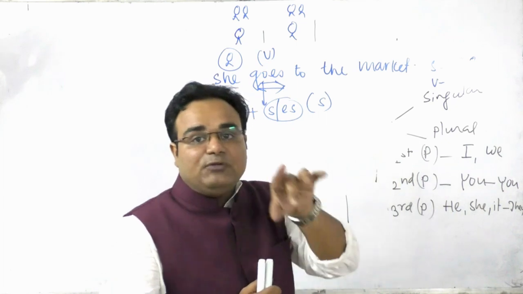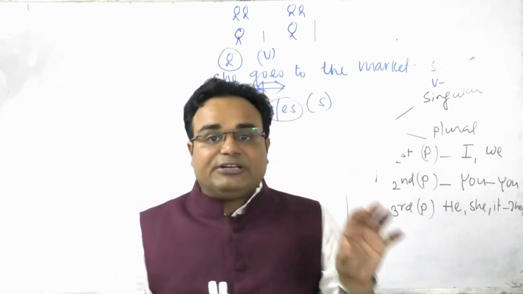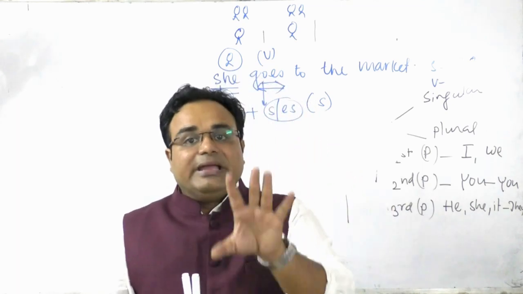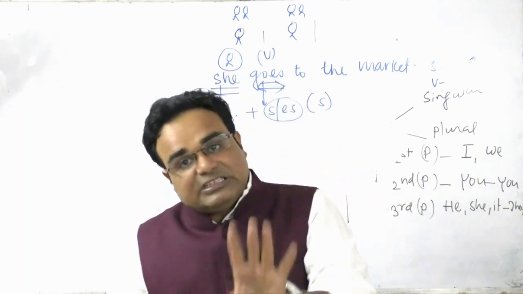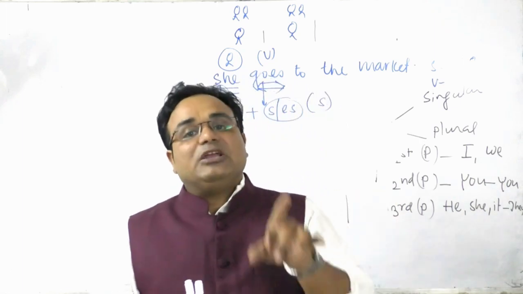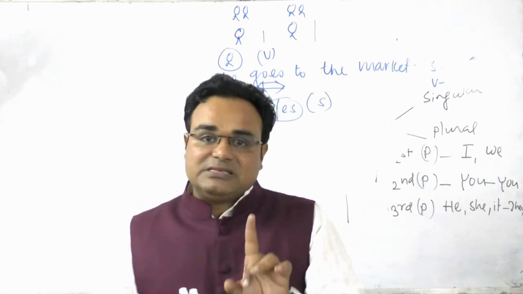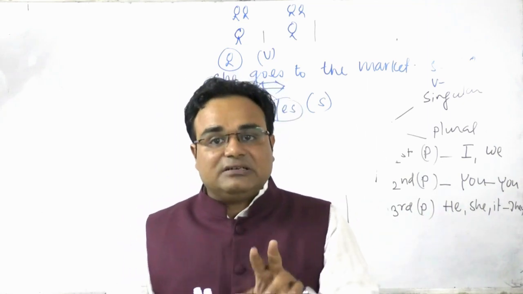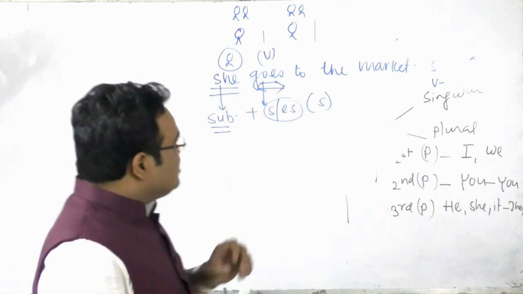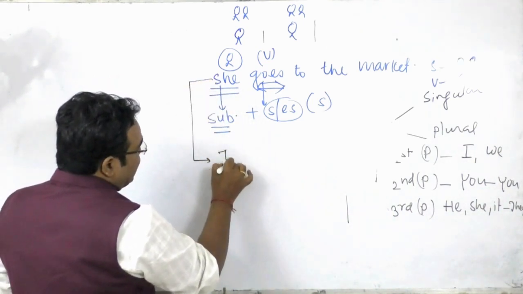Means what? If you add s or es, please note it down or keep it in your mind. If you add s or es to the subject, it becomes plural. But if you add s or es to the verb, it becomes singular. Just opposite to each other. Alright. Now convert this she into they.